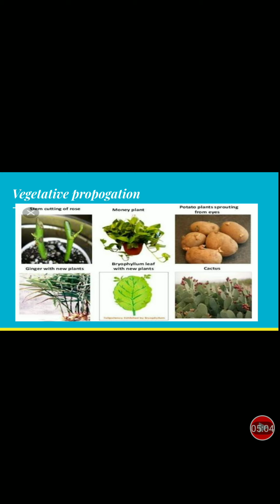Which are they? They are leaf, stem, and some modified parts. By cutting those parts also you can get new plants. If it takes place from other parts, we are going to call it vegetative propagation, that is spreading.